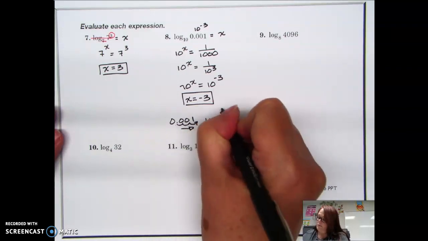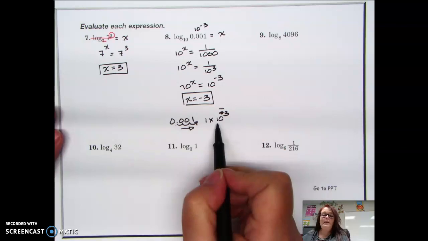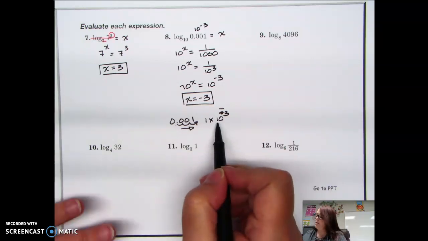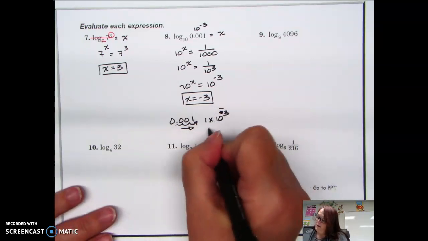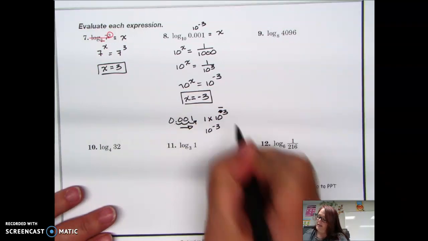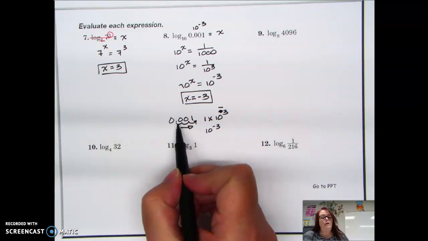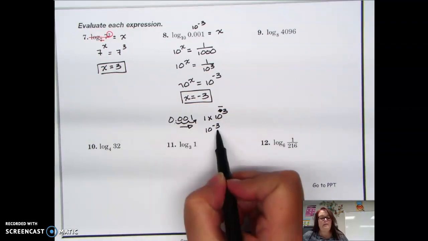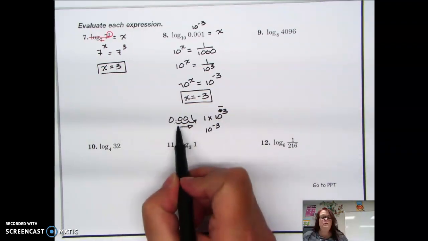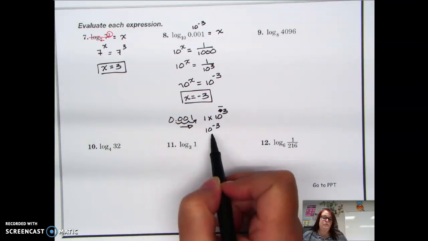So that means I would move it to the left to put it back into its original form. That's what I should have said. And so we get 1 times 10 to the negative third is 10 to the negative third. So think of it this way. If your original number is smaller than 1, then your exponent should be negative. And if your original number is greater than 1, then your exponent should be positive.